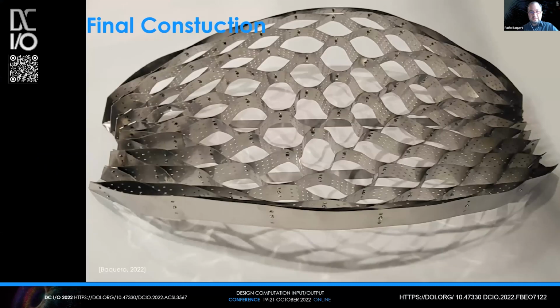Later, this research was enhanced in a metallic structure that was previously simulated and later constructed with a connection mechanism that is still underdeveloped. But the idea is to be able to construct flat stripes and later deploy them on site.